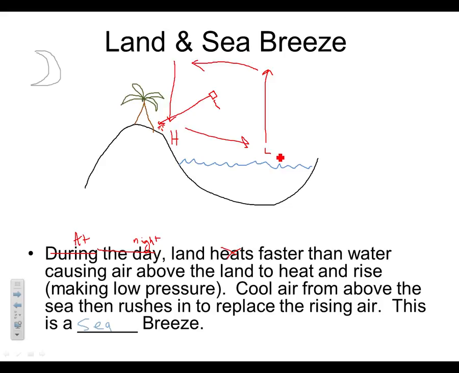The air above the water is warmer, so it causes the air to rise, making low pressure. Then the wind is going to go from high pressure to low pressure, from the land to the water. Okay, so you can finish writing that down on your own.